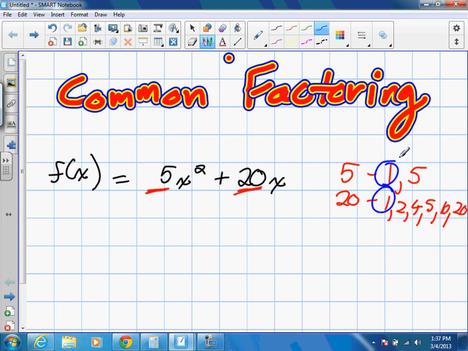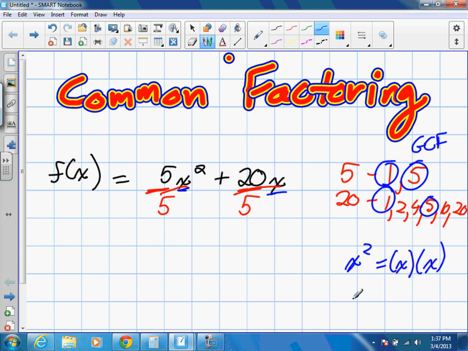1 is obviously a factor of everything, and 5 is a factor of both, so that is the GCF, the greatest common factor. So we're going to divide both terms by at least 5, and then we look to the variables. We're going to write out what these variables consist of. X squared is essentially x multiplied by x, and the value of x is just x.